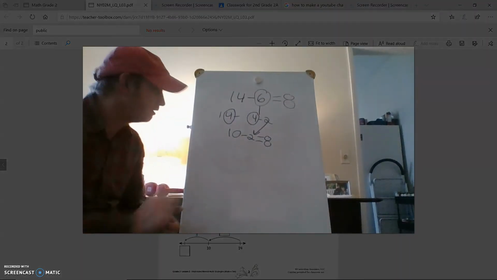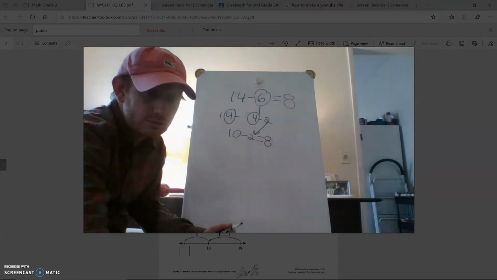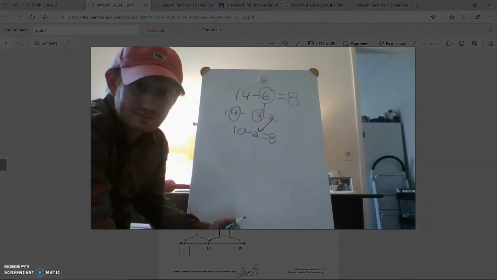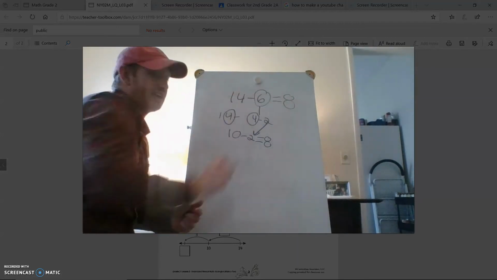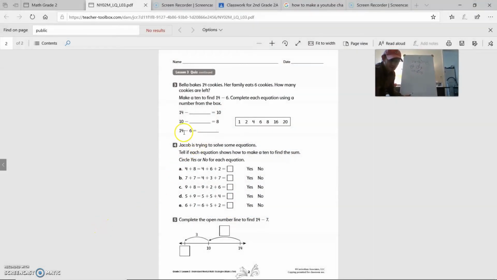We look at our board. 10 minus 2 is 8. And so 14 minus 6 is 8. So by doing it on our own, we were able to get all the answers like that.